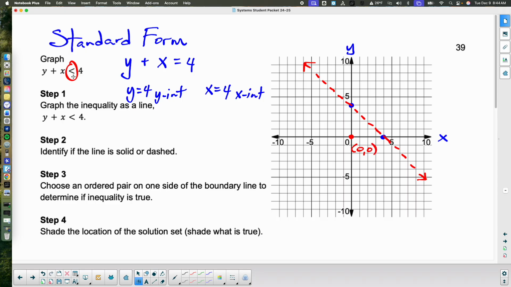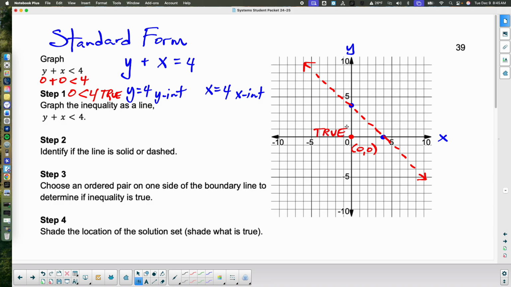So I'm going to put 0, 0 into my original problem. 0 plus 0, is that less than 4? Well, 0 is less than 4, that's true. So that means the point 0, 0 is the true section.